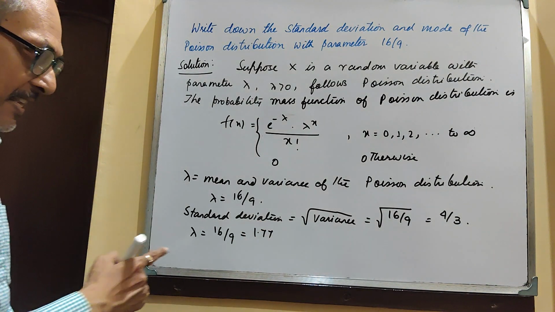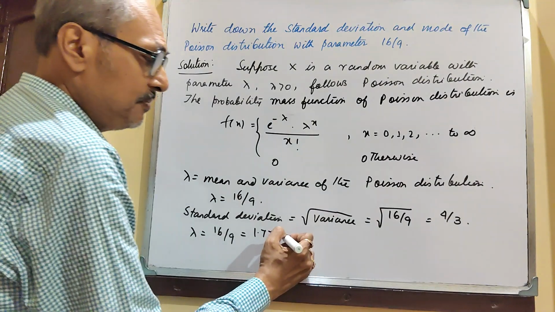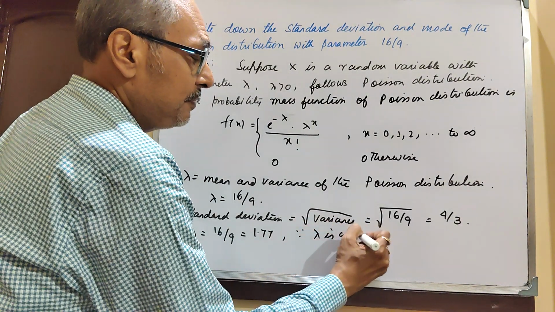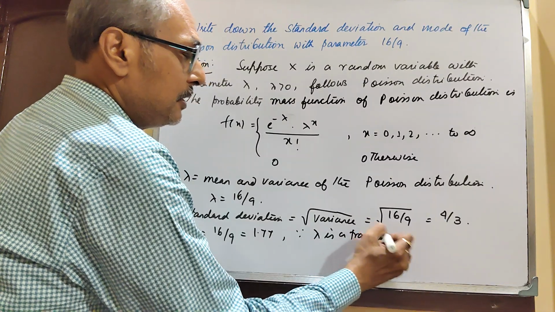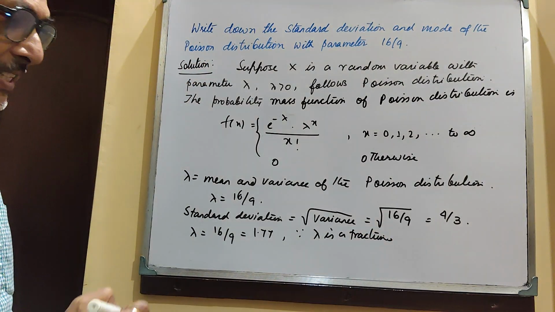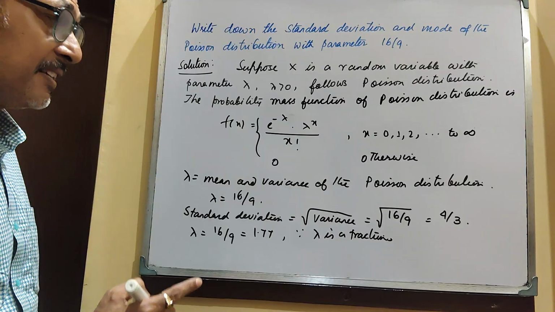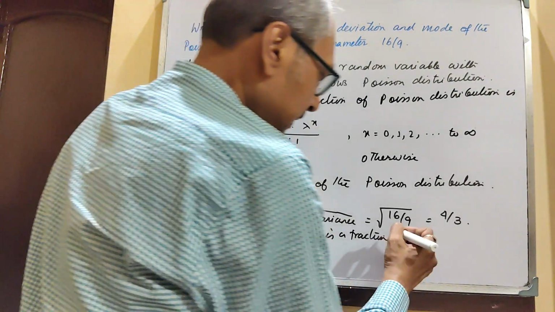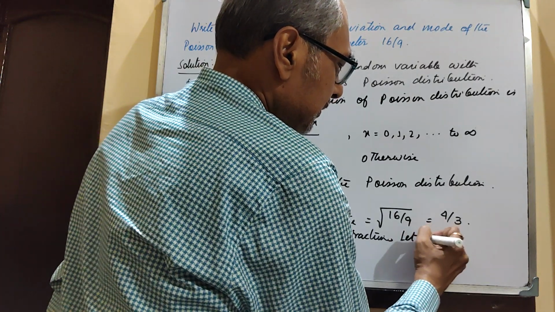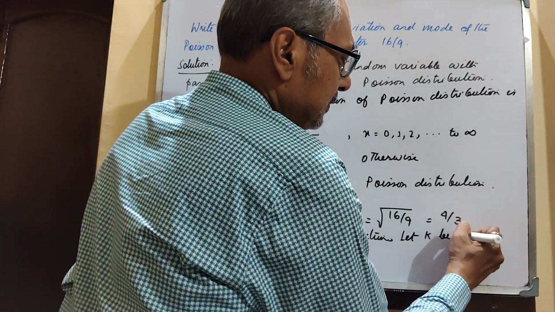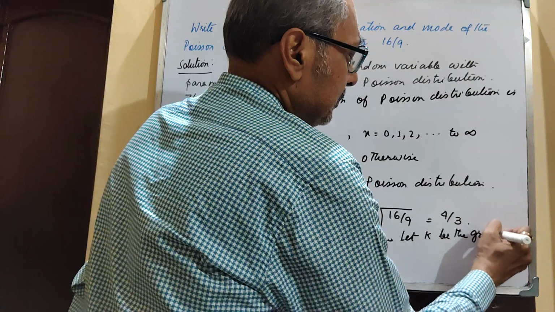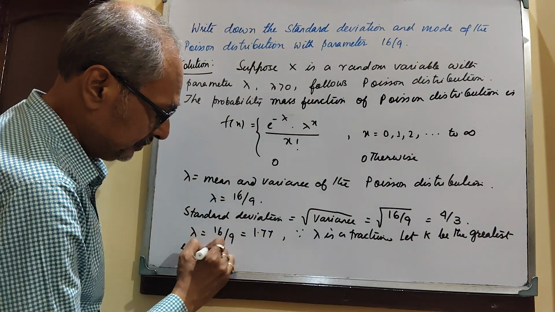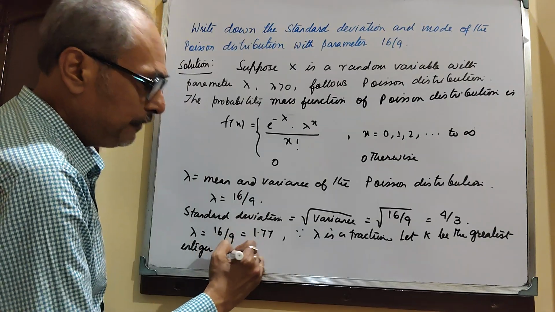Now since lambda is a fraction, let k be the greatest integer of lambda.